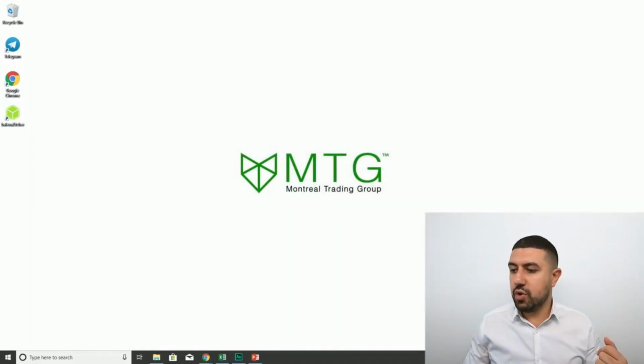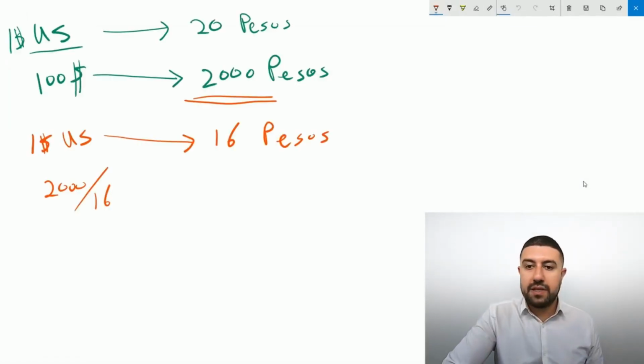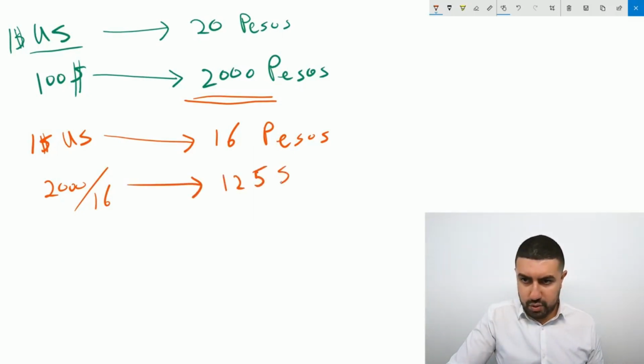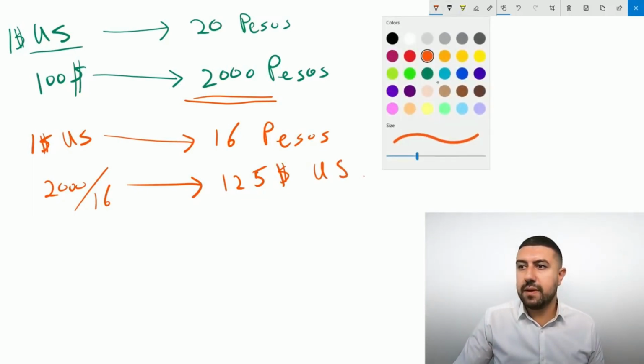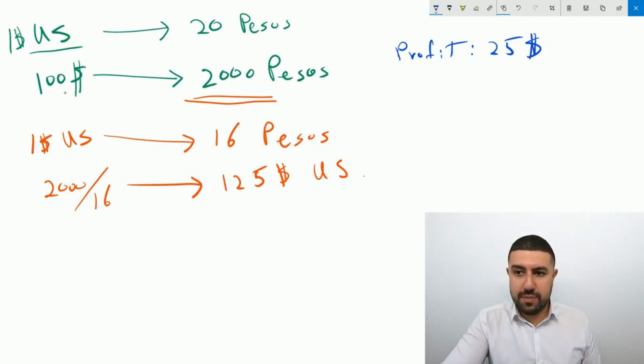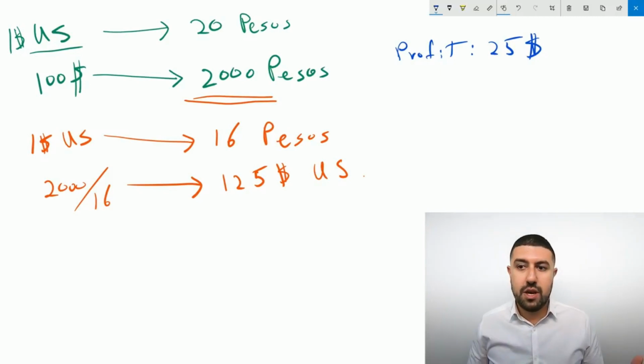So you go back to the airport, see the exchange shop and convert it back, and now you get 125 US dollars, making a profit of $25. Because you had 100 initially, but now you ended up having 125 bucks. So you made $25 because of that exchange rate fluctuation.